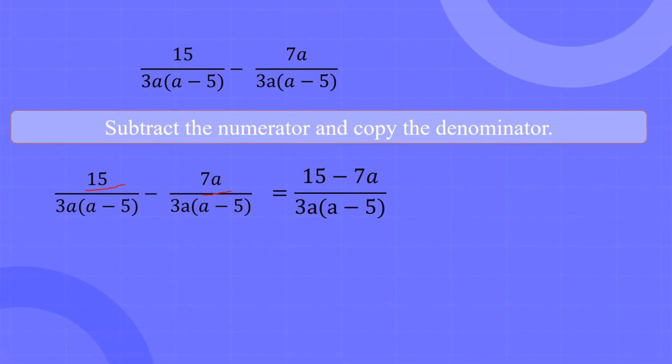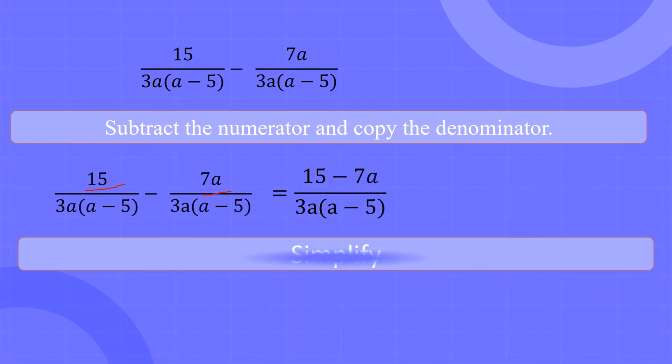Then, over the common denominator, 3a times a minus 5. Then, simplify if possible. So, since 15 minus 7a is a prime polynomial at wala na tayong makikitang common factors from numerator and denominator, then this is now your final answer. So, 15 minus 7a over 3a times a minus 5.